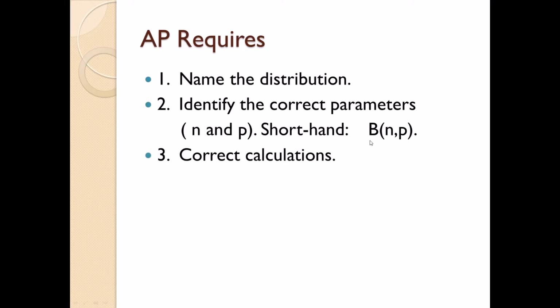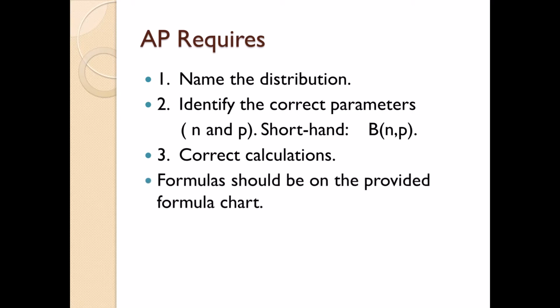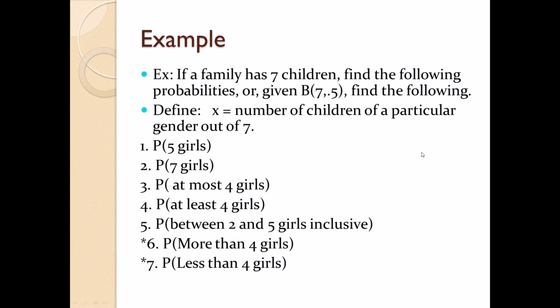If you identify in words or in this symbolic way that you're in a binomial setting, then you're okay to do your binomial PDF and CDF calculations. Otherwise, they don't honor the calculator speak as identifying the distribution. Okay. And again, your formula chart is your friend.